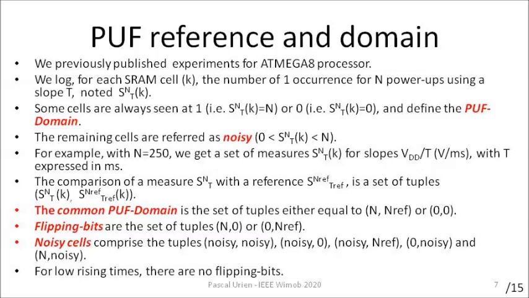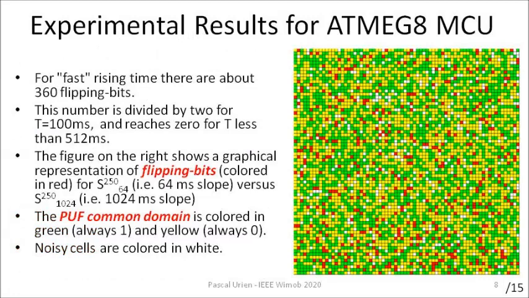The common PUF domain is a set of tuples either equal to (n,n) or (0,0). Flipping bits are the set of tuples (n,0) or (0,n). Noisy cells comprise the tuples (noisy,noisy), (noisy,0), (noisy,n), (0,noisy), and (n,noisy). For low rising time, there are no flipping bits. Here are some experimental results for the ATmega8 MCU.